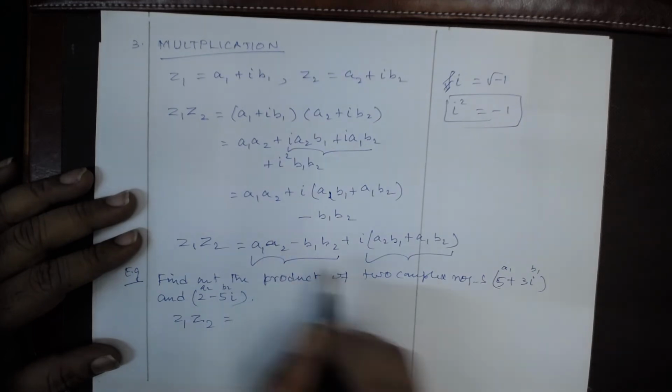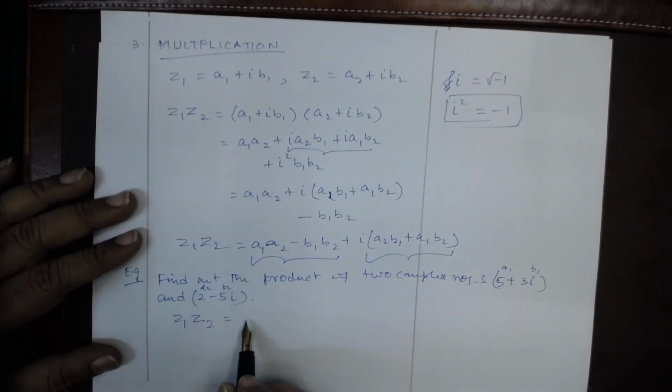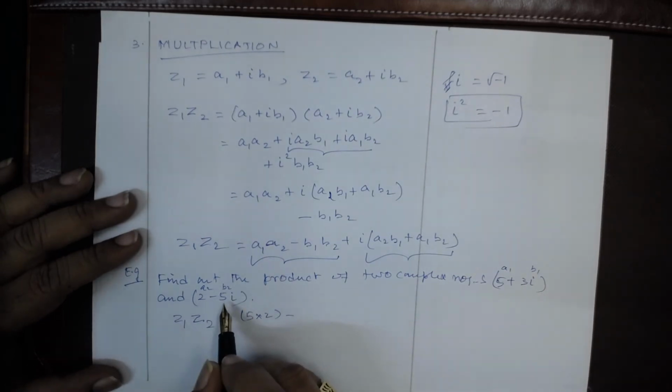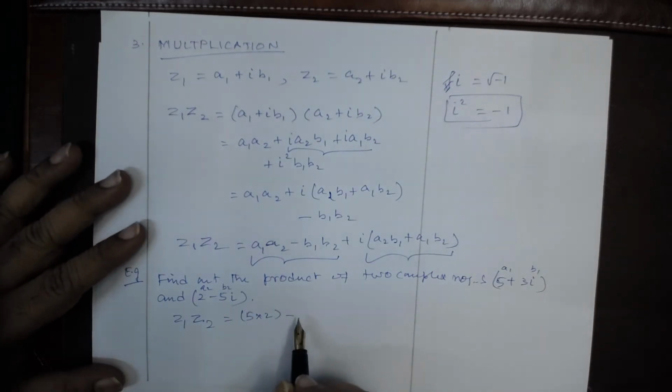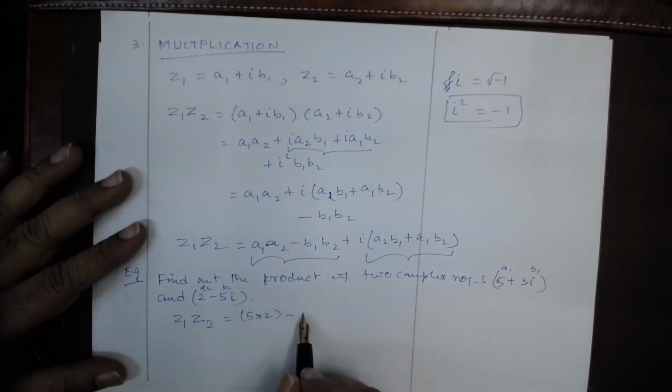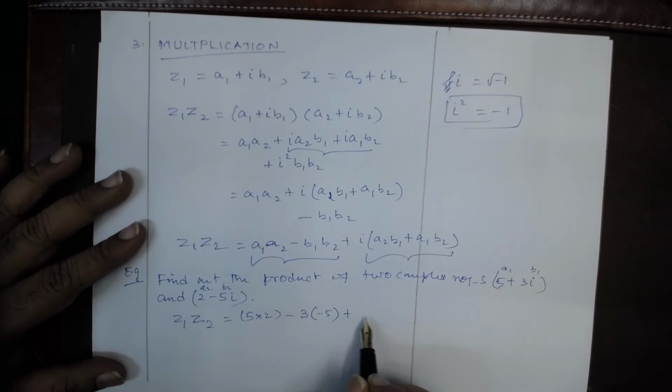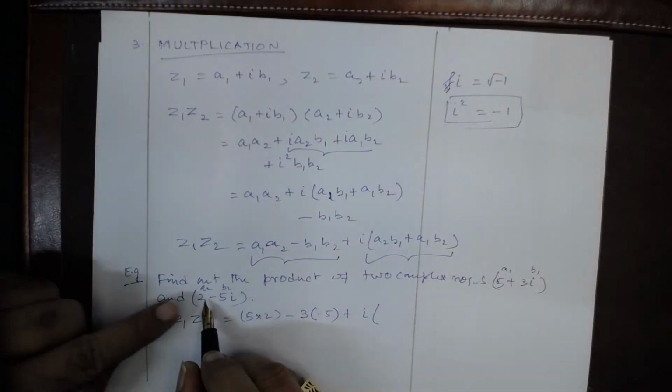So A1 A2 means 5 into 2, and then minus B1 B2. B1 B2 is 3 into minus 5, is it not? So minus 3 into minus 5, and then plus i of, what is A2? 2.